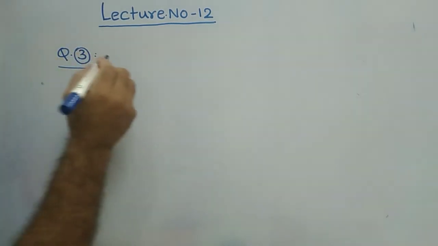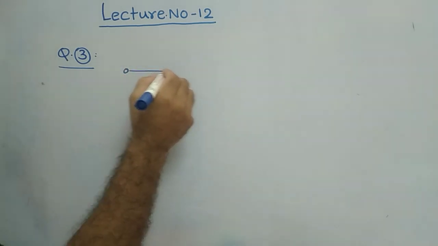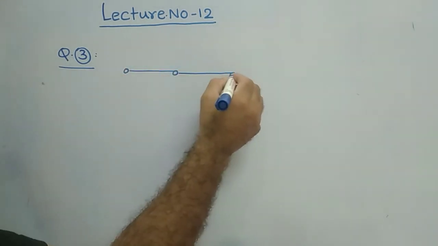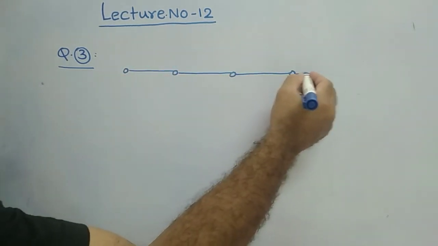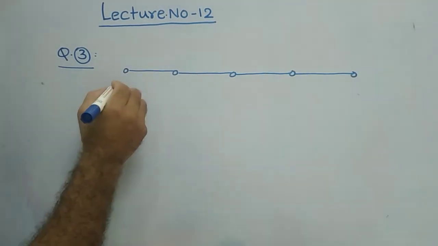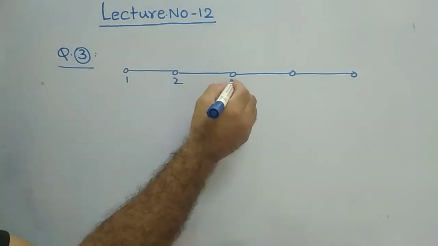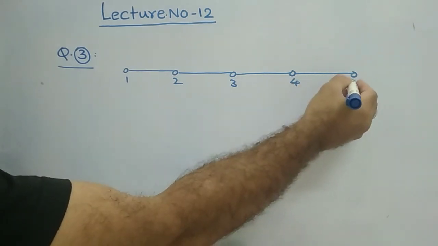There are 5 nodes you have: 1, 2, 3, 4, 5.